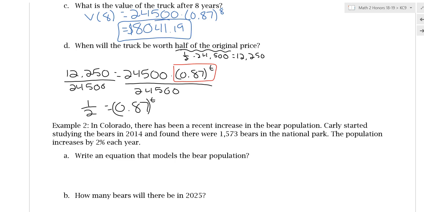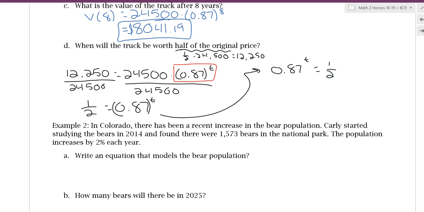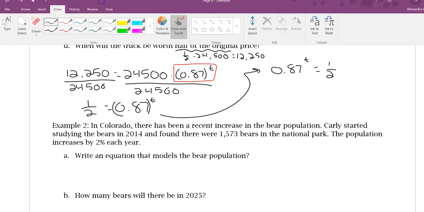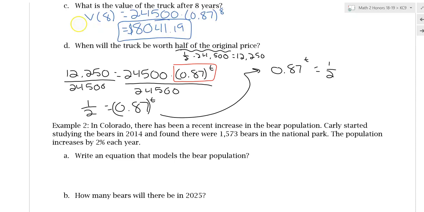Now I'm going to do what we did in class today. To make my loop make sense, I just switch them. So 0.87 to the t equals 1/2. Then when I loop around, we get log base 0.87 of 1/2 equals t.